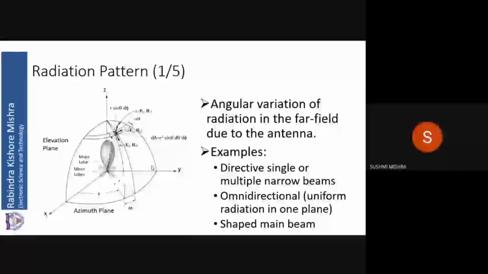This picture also shows you a small area on the surface of the sphere: dA is equal to R square sin theta d theta d phi. I expect that you have read about coordinate systems already, so I am not going to explain that here.